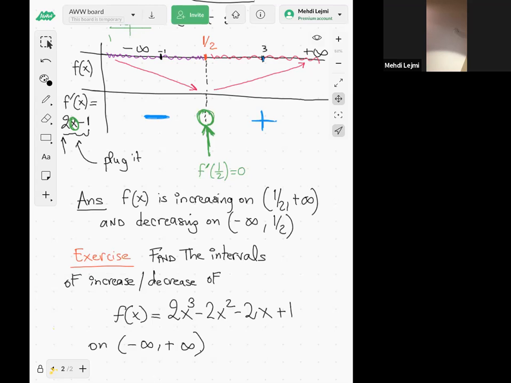All right, guys. Do you know where the function is decreasing? Any guess?